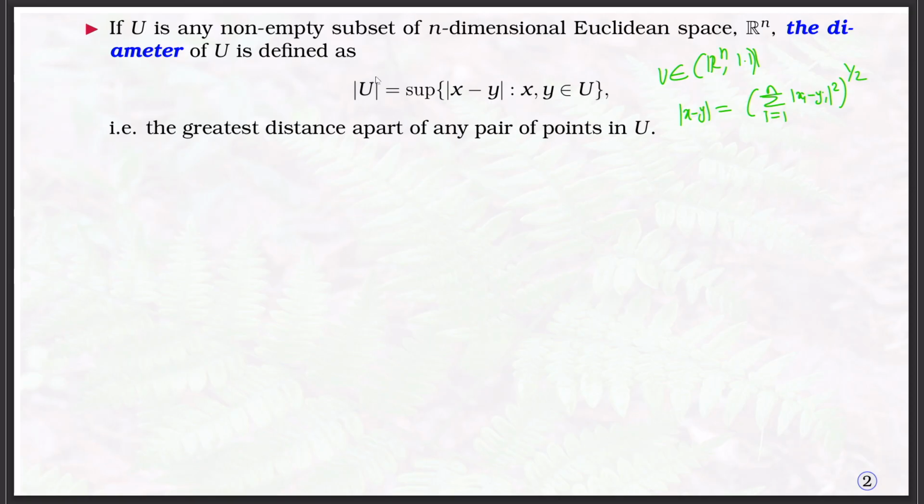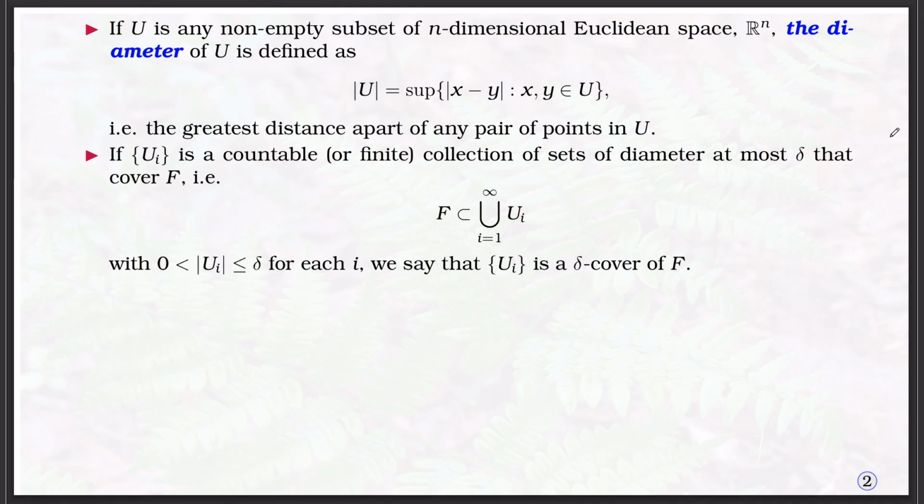That supremum we call the diameter of the set, the greatest distance apart of any pair of points in U is called the diameter of U. If U_i is a countable or finite collection of sets of diameter at most delta that covers F, that means F is contained in the union of i equal to 1 to infinity of U_i.